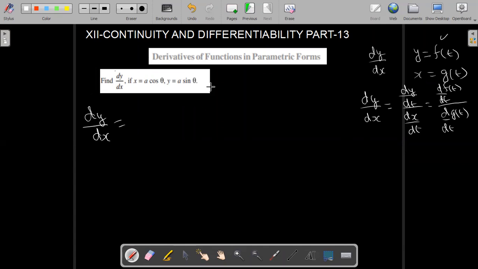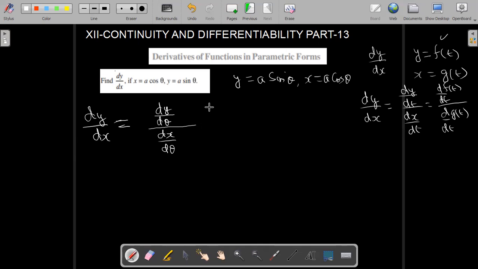We have to divide by d theta because both are functions of theta. So dy is divided by d theta, and the denominator is also divided by d theta, so dx by d theta.